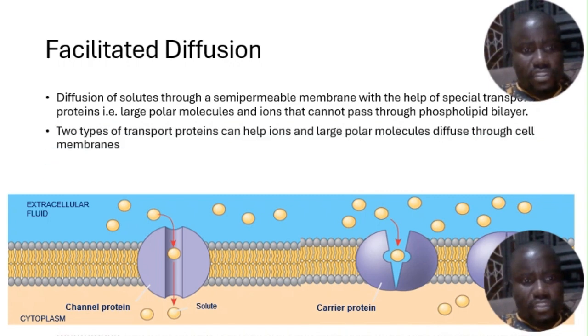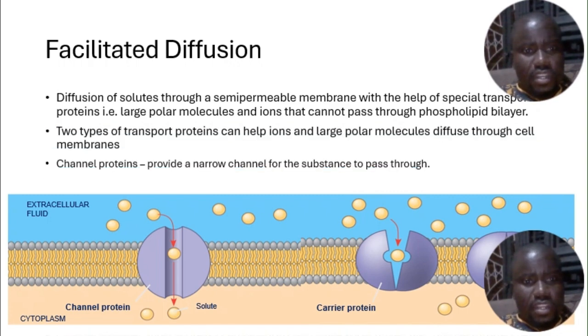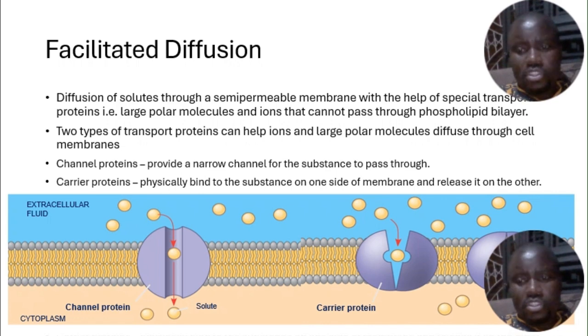So this is facilitated diffusion, and as a result, it will be different from simple diffusion in as far as the actual mechanism of transportation is concerned.